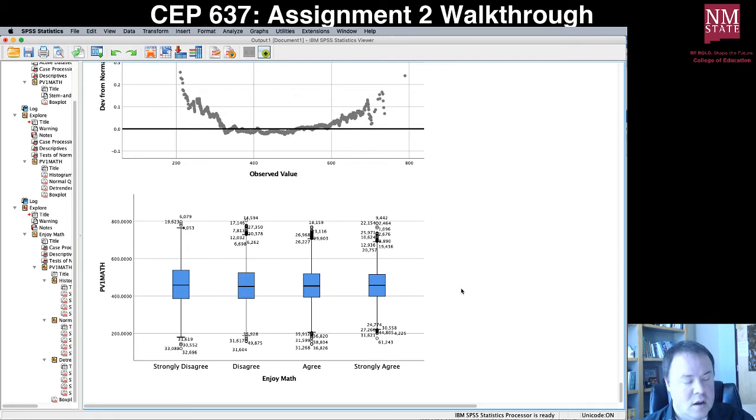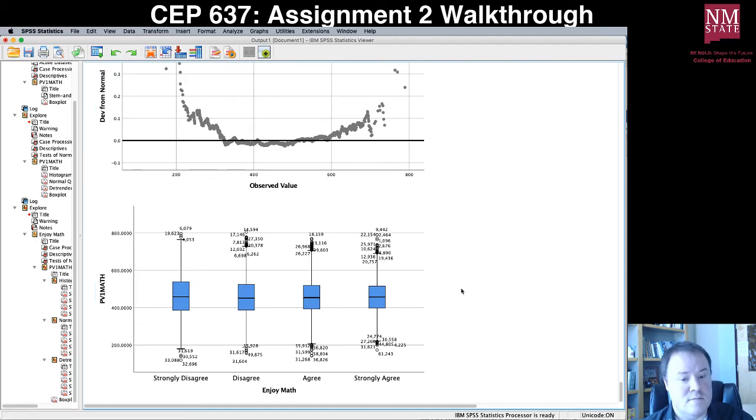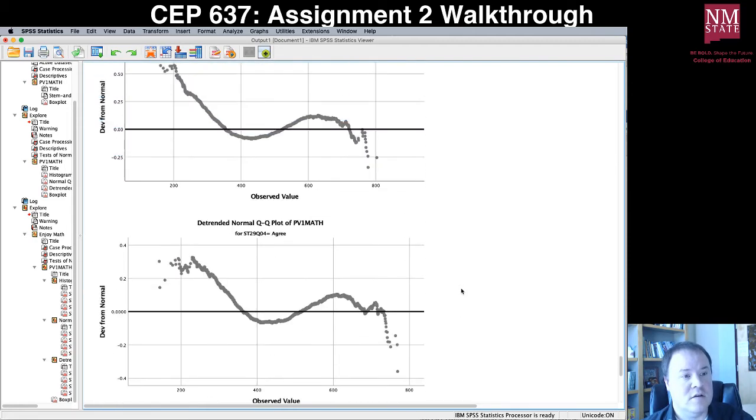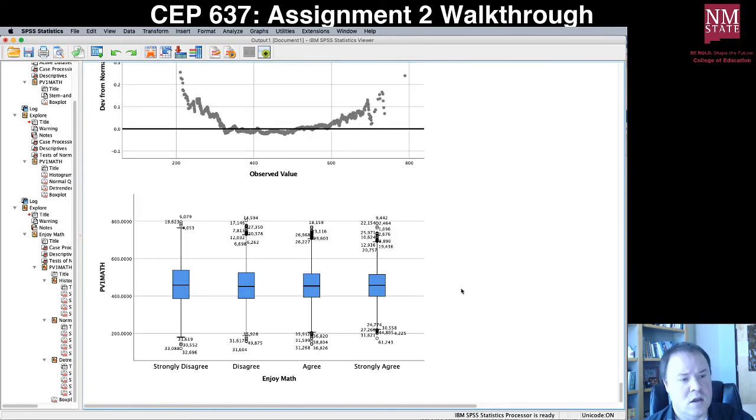At this point, all of our assumptions appear to be met. No big differences from normality. And PISA did involve randomly selected individuals. It is a nationally representative sample within each country.